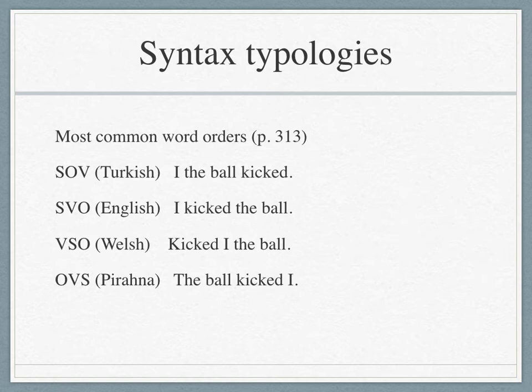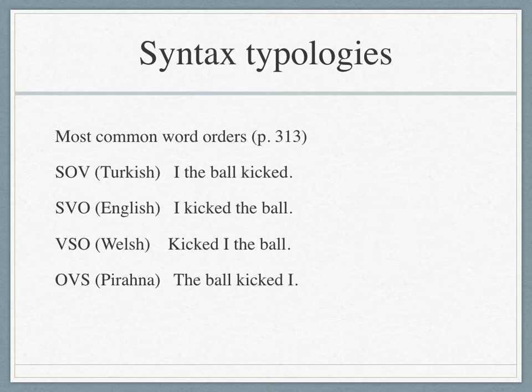So an SOV word order, if we translate the meaning and the order, would mean, in order to say I kicked the ball in Turkish, you have to say I the ball kicked. Okay. If you want to express that same idea in Welsh, you have to say kicked I the ball.